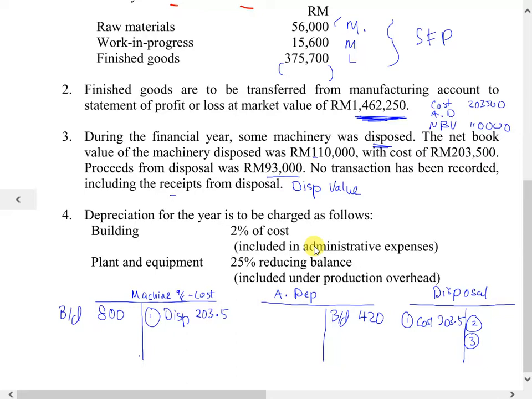Bank. How much? 93. Do I have gain or loss? 110 net book. I sell for 93. I make a loss. Which side? Loss is 17. So missing figure is here. Accumulated depreciation.